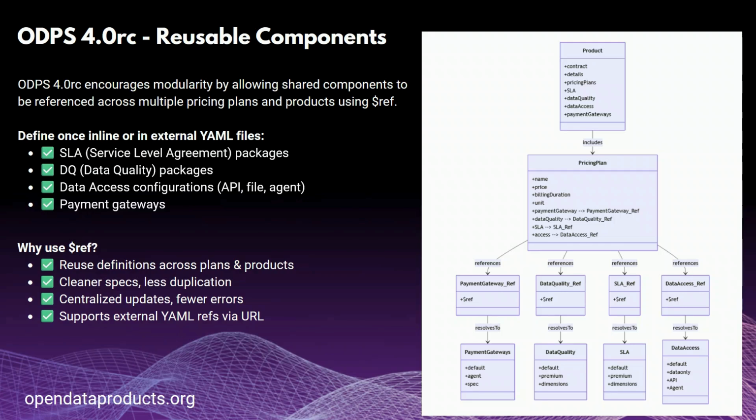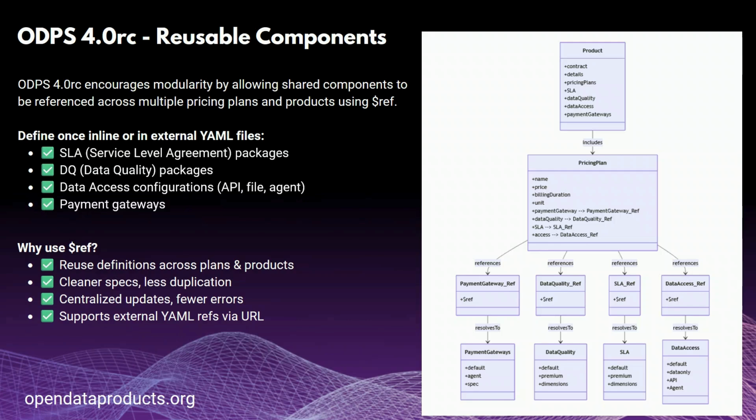So the idea is that you define once, either inline inside the ODPS spec or in an external YAML file, the following objects: the SLA, different kinds of profiles for the SLAs, different kinds of profiles for the data quality, the same for the data access, and also for the payment gateways. And then you reference those profiles.